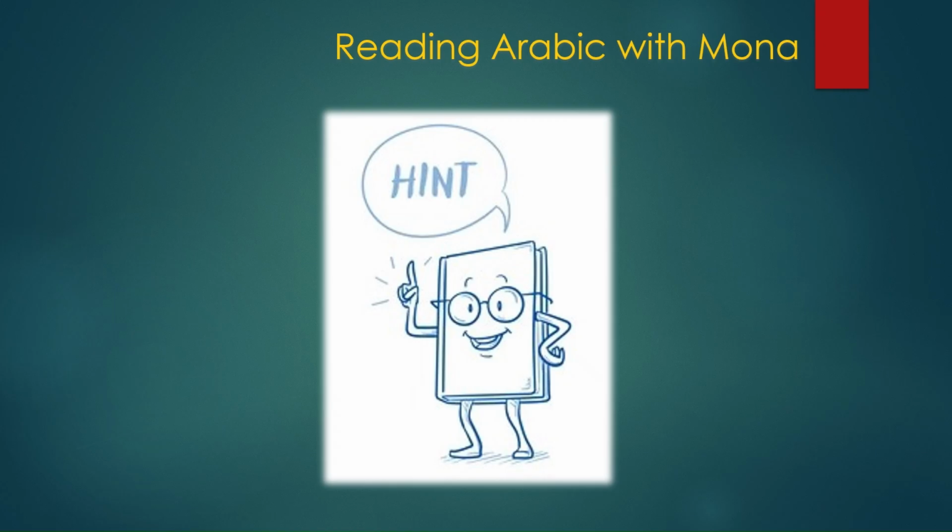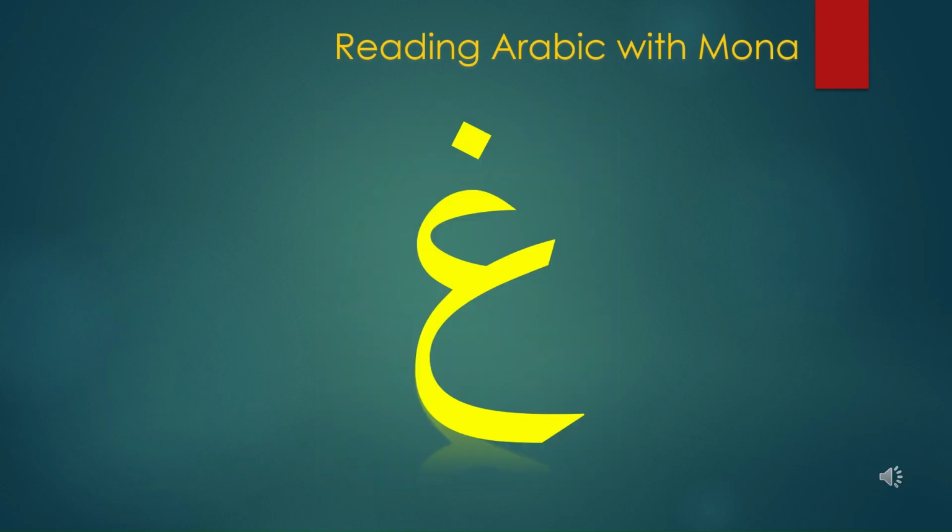Finally, we reach the part where we connect the sound of the letter with its shape so that you will never forget the sound whenever you see the letter or the shape of the letter Ghain. Now, before we jump into the action, let's take a close look at the shape of the letter Ghain.